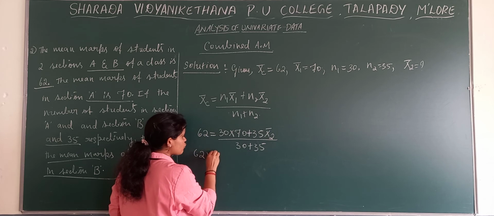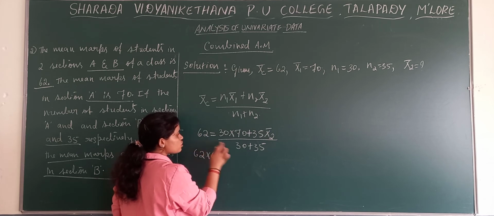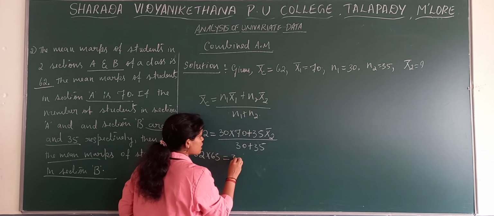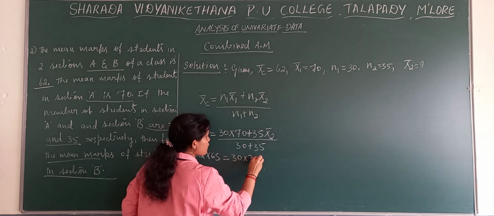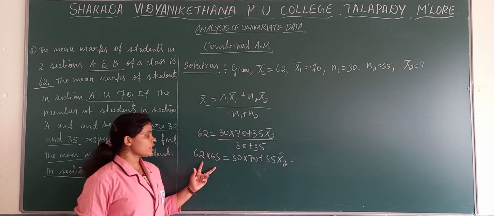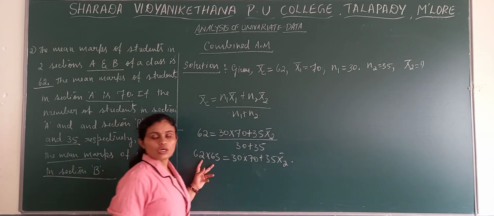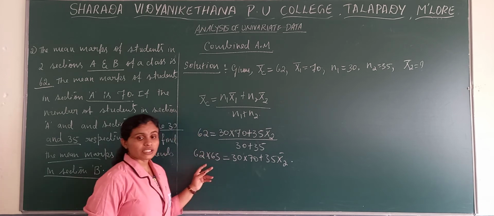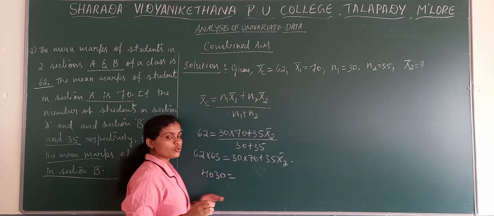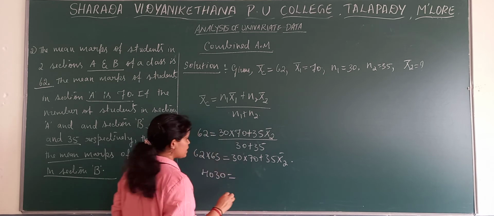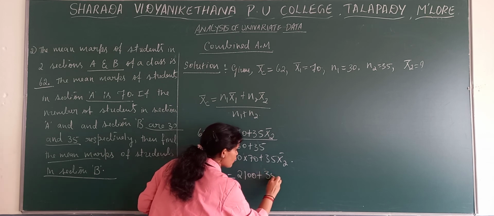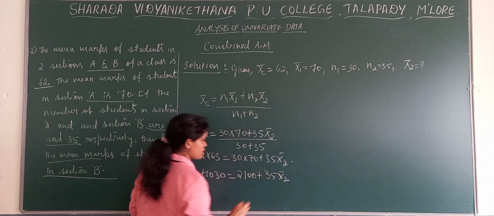So take that 65 here. 62 into 65 is equal to 30 into 70 plus 35 x bar 2. Now 62 into 65, there we get 4030, is equal to 30 into 70, which is 2100, plus 35 x bar 2 as it is.